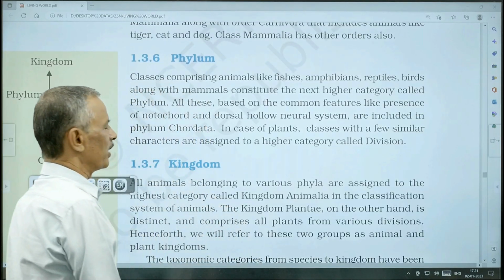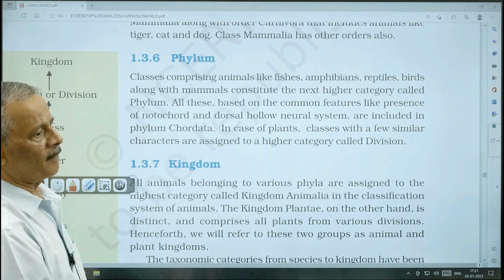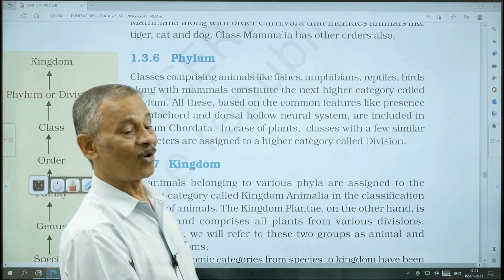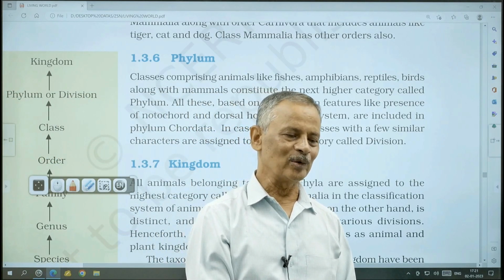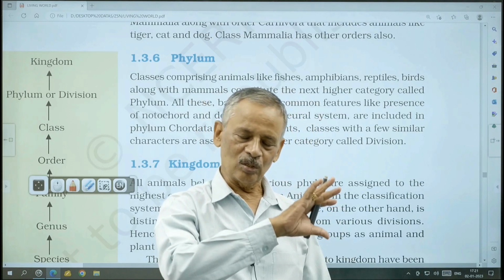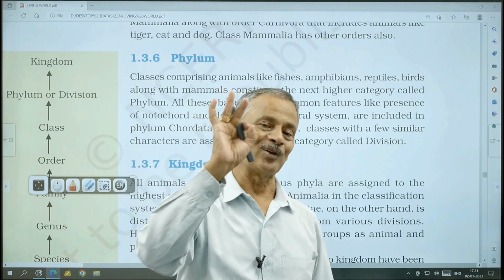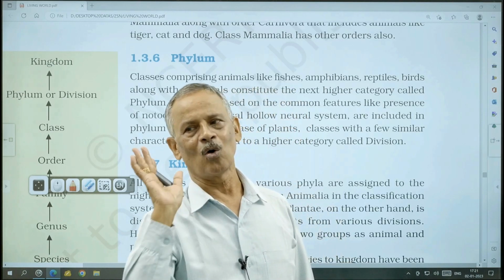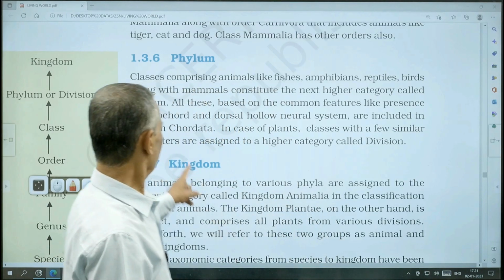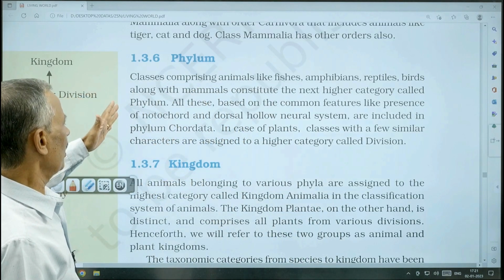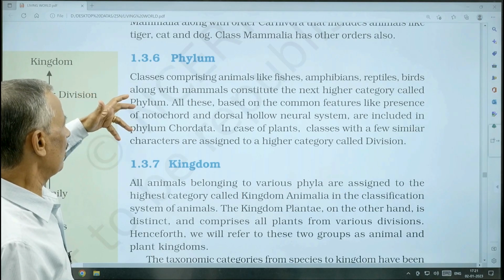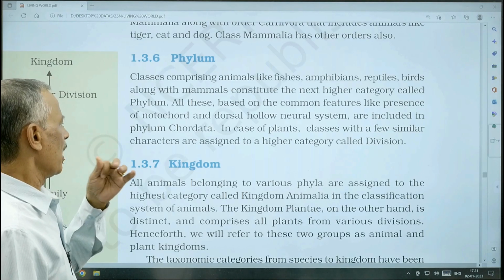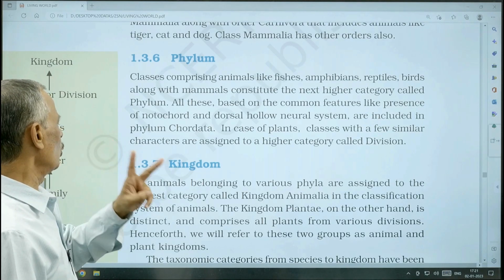We all come under the phylum Chordata because we have notochord. Either during the developing stages or throughout life, we have a notochord. Only those organisms which have a notochord will come under Chordata. And all animals belonging to various phyla come under the highest category called kingdom, and we have two kingdoms.